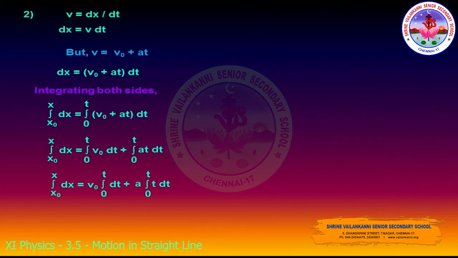We have to integrate all the parts which appear there, right? So plus integration 0 to t of at into dt. Now for dx, applying integration, dx gives x. So upper limit minus lower limit: x minus x naught for the left hand side.